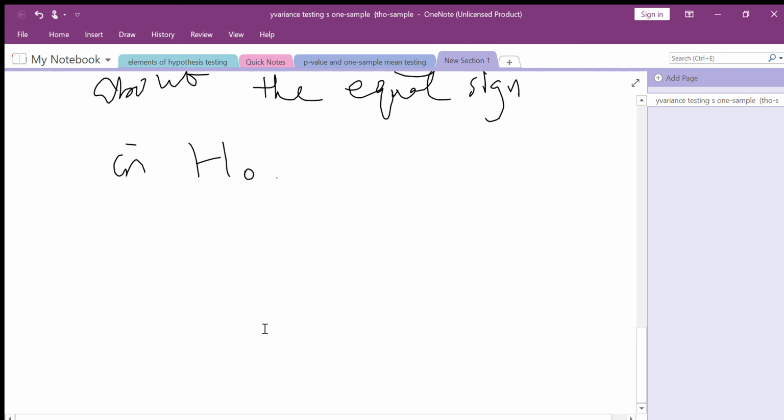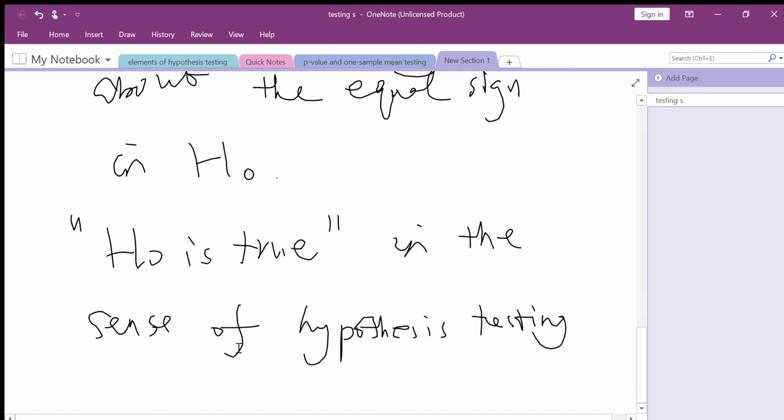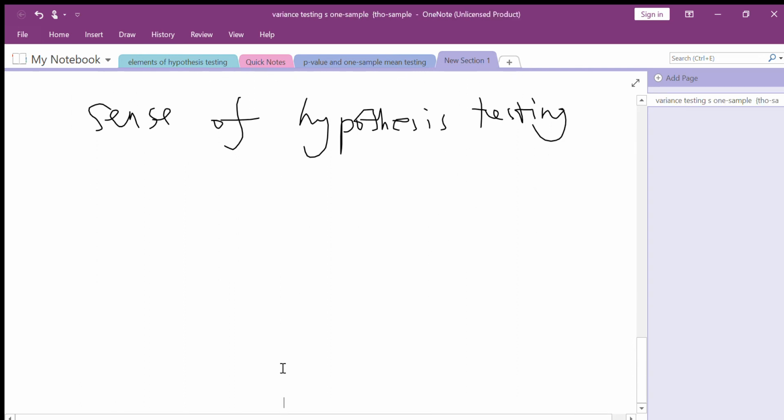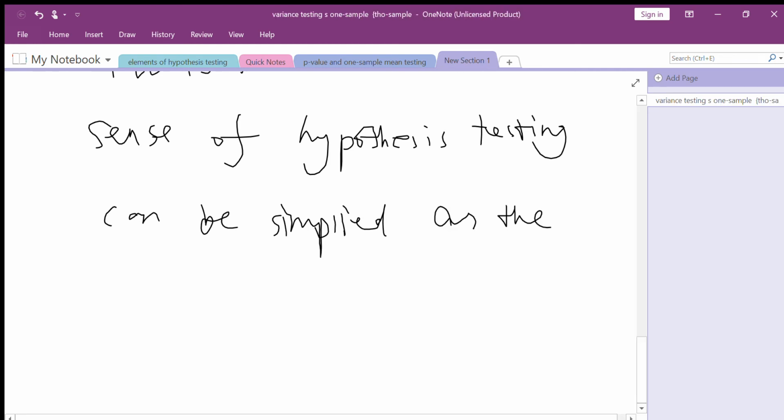What do I mean by this? H null is true, in the sense of hypothesis testing, can be simplified as the equal sign in H null holds.